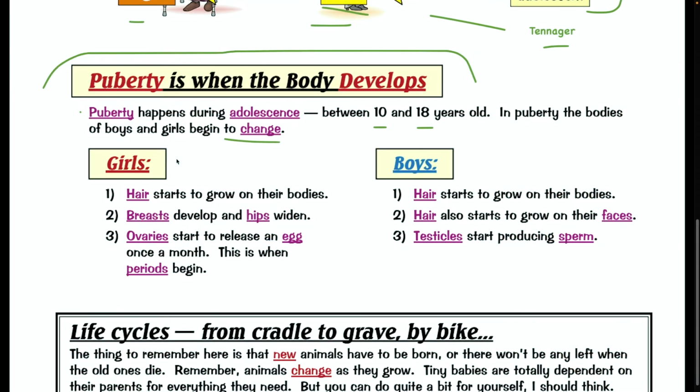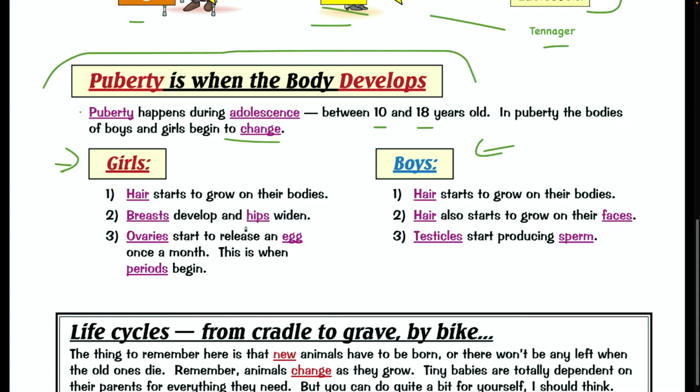So here we have the girls and the boys, okay? Let's see what we're gonna analyze here, okay? Muito bem. Bom, então the girls, well, number 1, number 2, number 3, okay? Nós temos o hair. Hair starts to grow on the bodies, okay? Very good. Breasts develop and hips widen, okay?